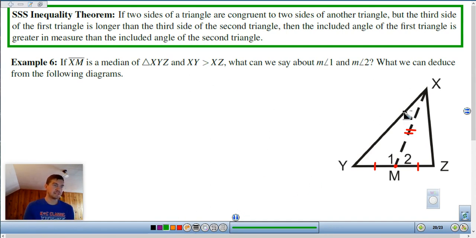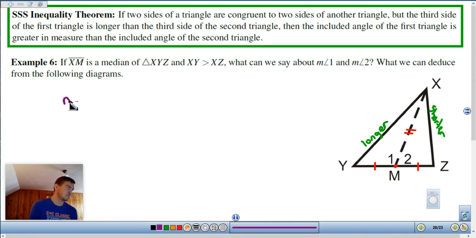We are told that XY is greater than XZ. So the length of XY is greater than XZ. What can we say about the measure of angle 1 and the measure of angle 2?